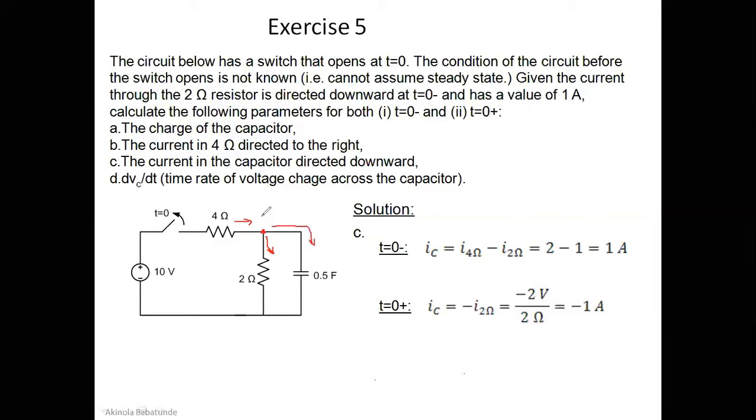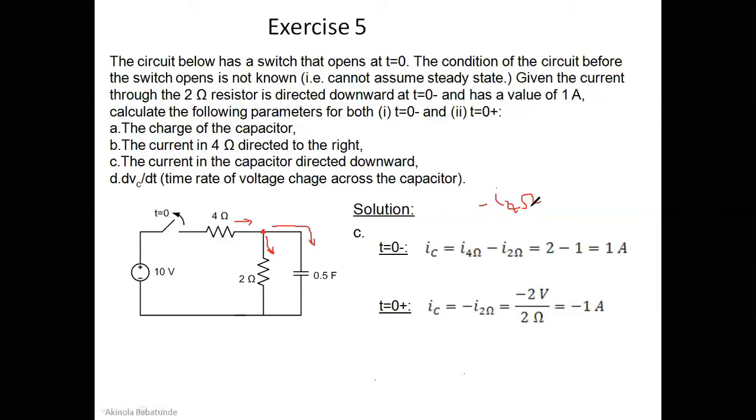So if you apply KCL just before the circuit is open, at t equal to 0 minus, the current passing through here will be I4 ohms, isn't it? We know that when current is entering the node, we give it negative.